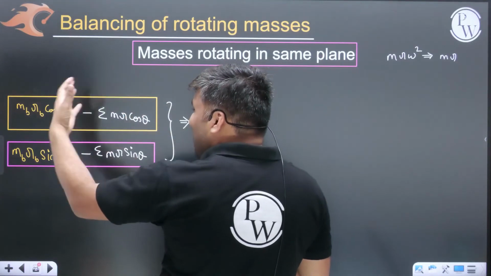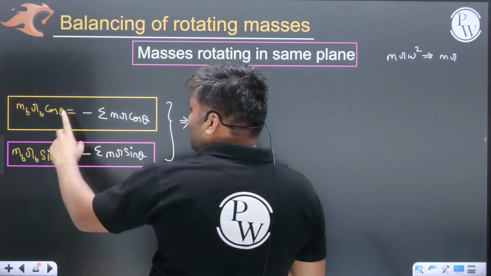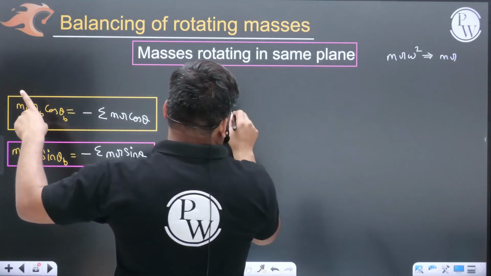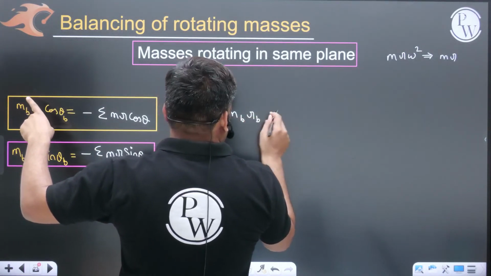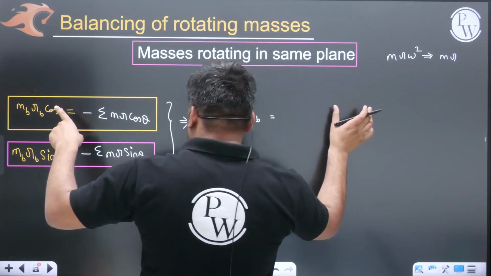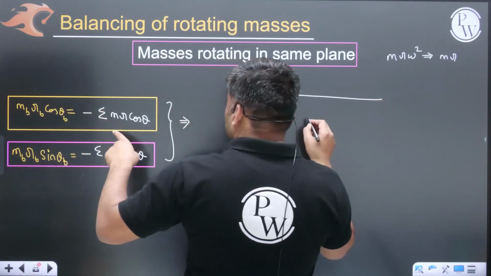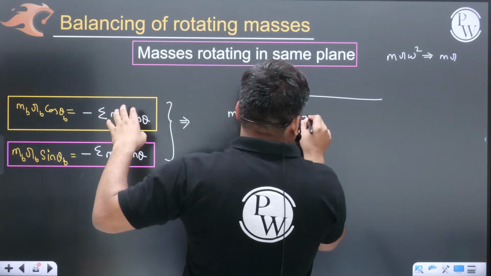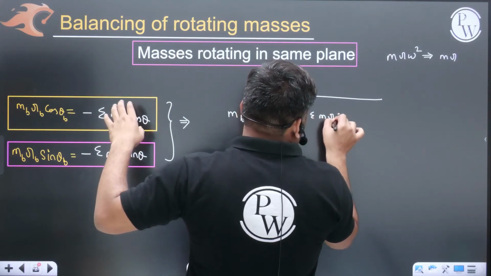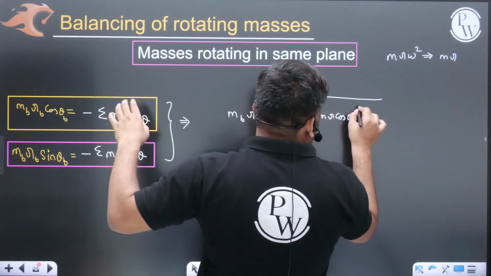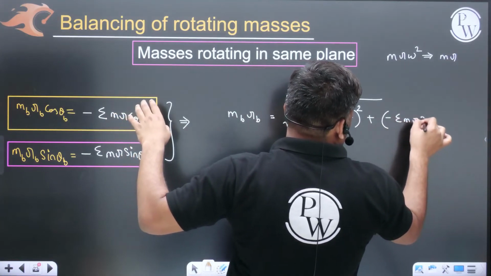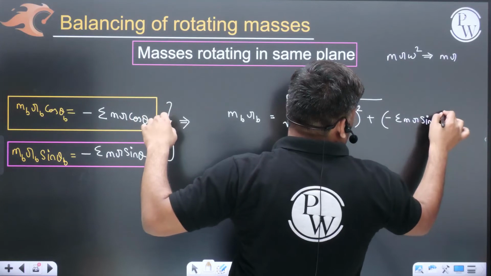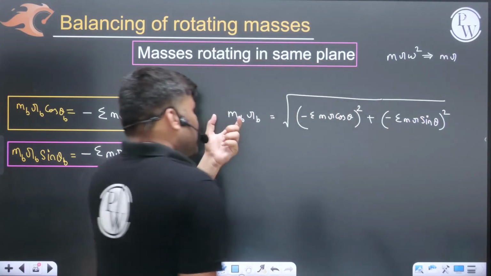Just square and add. What will you get? Cos square plus sin square will become 1. So mb rb will become equal to the square root of minus summation of m r cos theta, whole square, plus summation of m r sin theta, whole square. Whatever values you have got, just put them, square and add. You will get the value of mb rb.